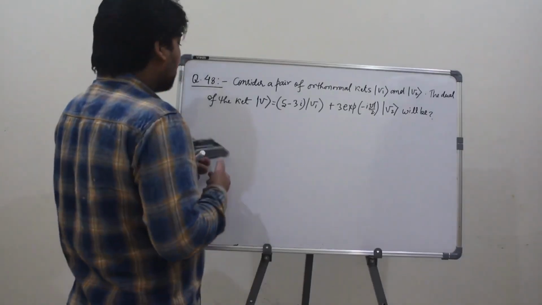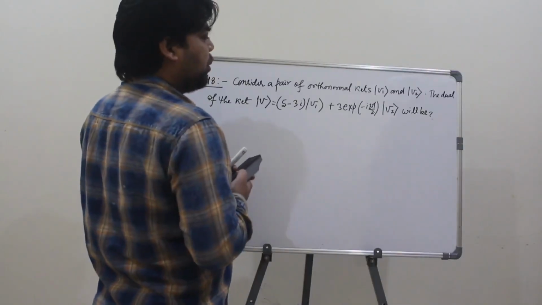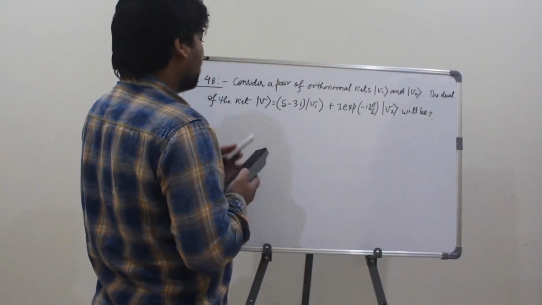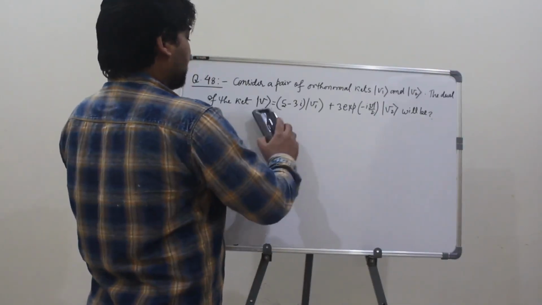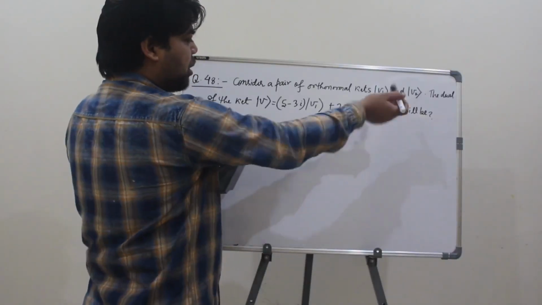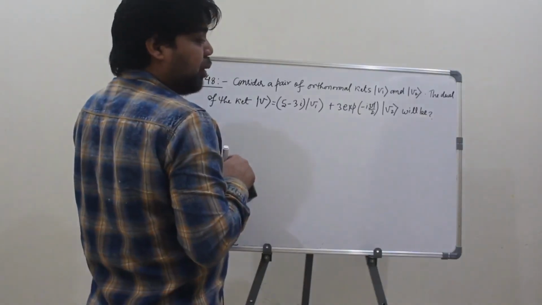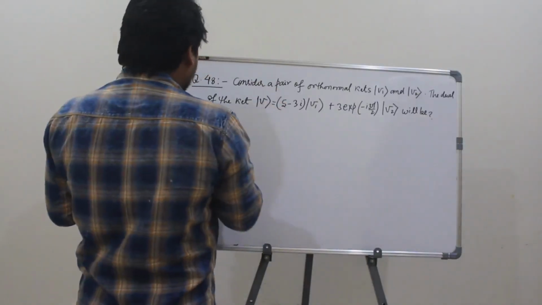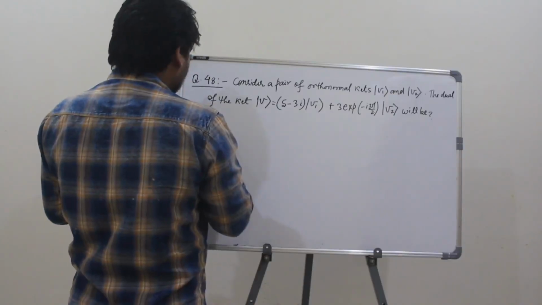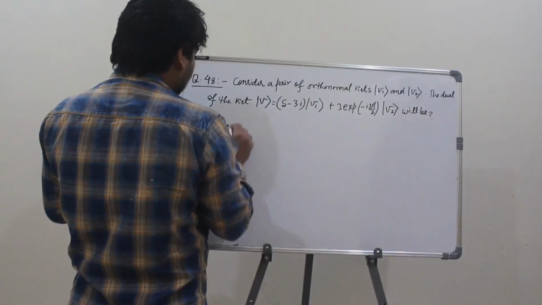Now let us discuss one more problem, which says: consider a pair of orthonormal kets V1 and V2. The dual of the ket V, which is equal to 5 minus 3i V1 plus 3 exponential of minus i 3 pi by 2 V2, will be what? So let us calculate the dual. The dual is nothing but the Hermitian conjugate, right?